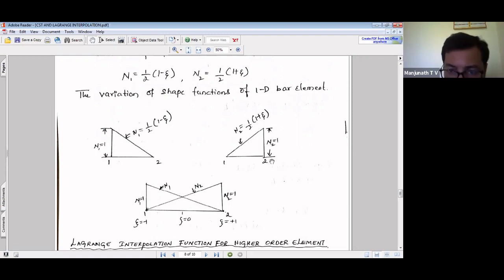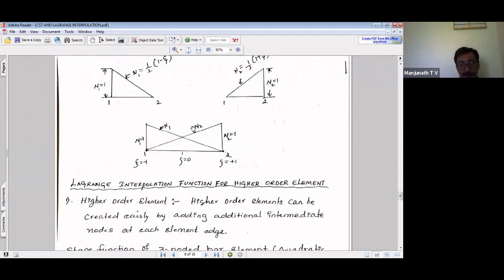Similarly, at node number 2, N2 is 1, and at node number 1, N2 is 0. How it varies linearly is shown by the equation N2 equal to 1 by 2 times (1 plus zeta). So for both node number 1 and node number 2, we write the shape functions like this.